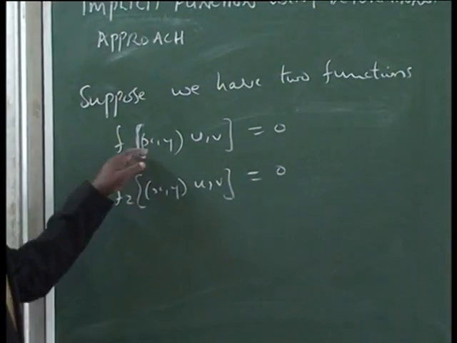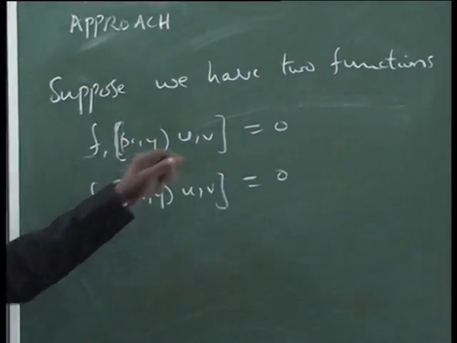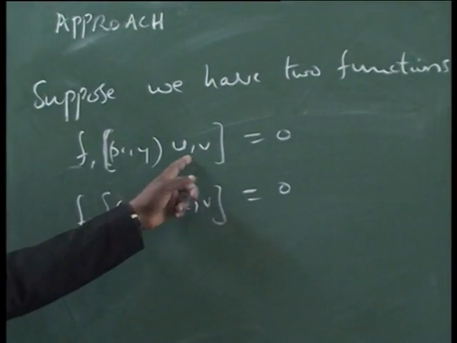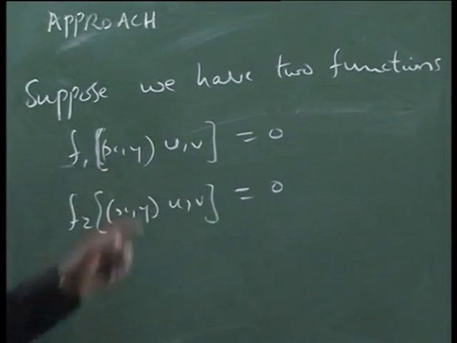We have two functions now defined by these equations, for u and v being implicit functions of x and y.